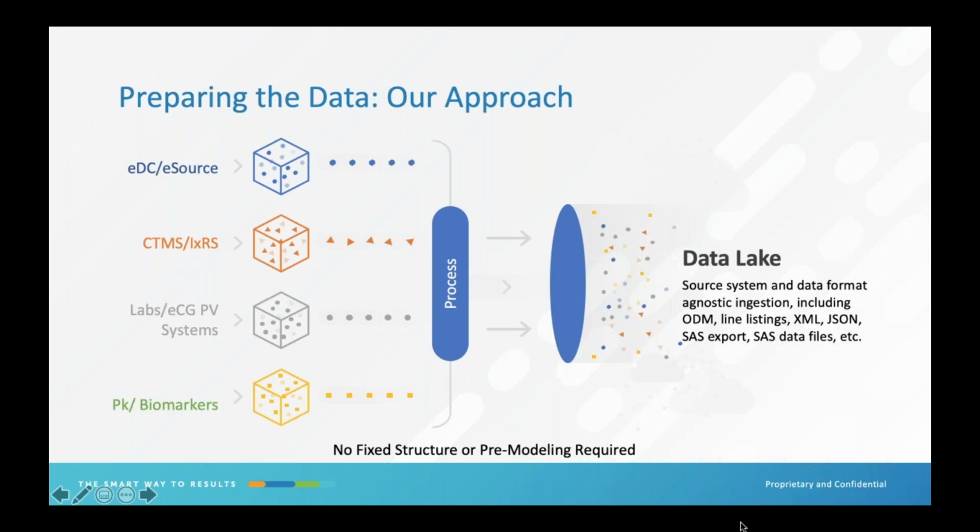So you don't have to define structures for this data. Your source data, once ingested, defines itself once the data is in. What it helps is the platform to take data from any source and dynamically adjust the data structures in scenarios such as protocol amendments where the data is changing.